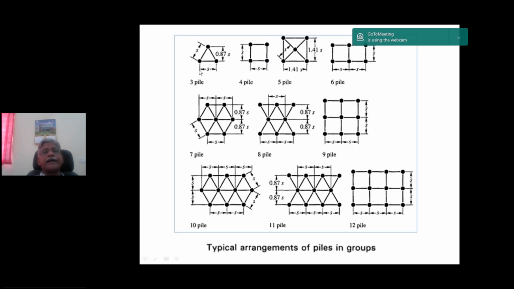These are the different pile group configurations: a 3 pile configuration, 4 pile configuration, 5 pile configuration. This is 6 piles, and this one is a 3 by 3 pile configuration, 9 piles. And here you see a 3 by 4 pile configuration, like that. So we can have different configurations based on the load transfer requirement.